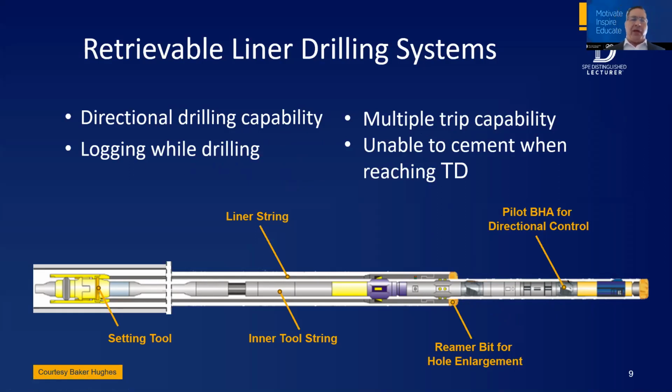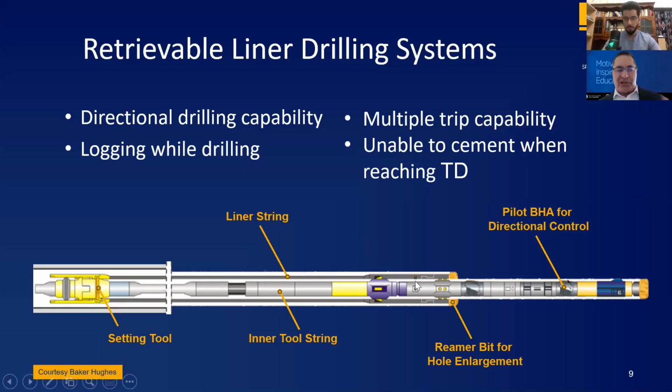Another thing is the complexity you have to think about with the retrievable liner systems. As I've mentioned before, not only are you trying to solve the problem with liner drilling, but you're also trying to manage this complex system at the same time you're managing your liner system. So you've got to really have the right application.